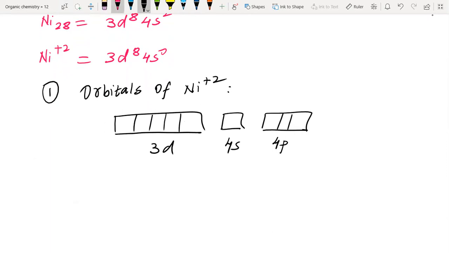So as we see here, 8 electrons are there in d orbital. So with that we can fill up here 1, 2, 3, 4, 5, 6, 7, 8.